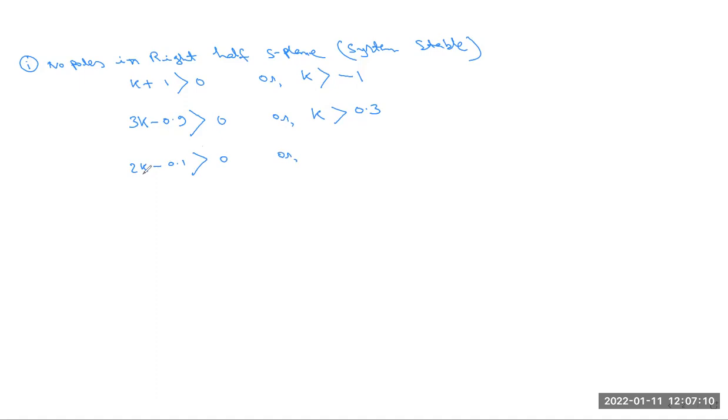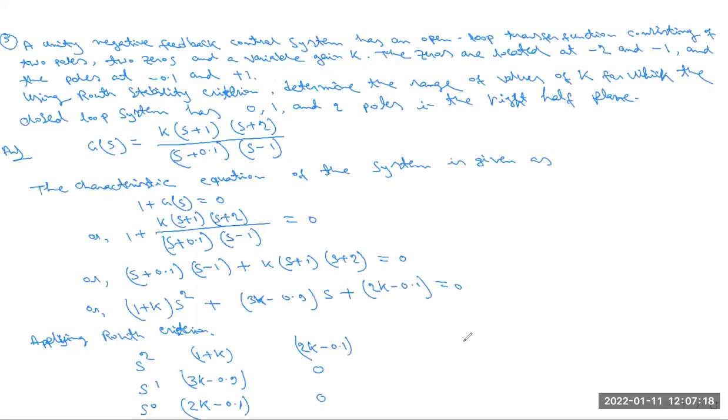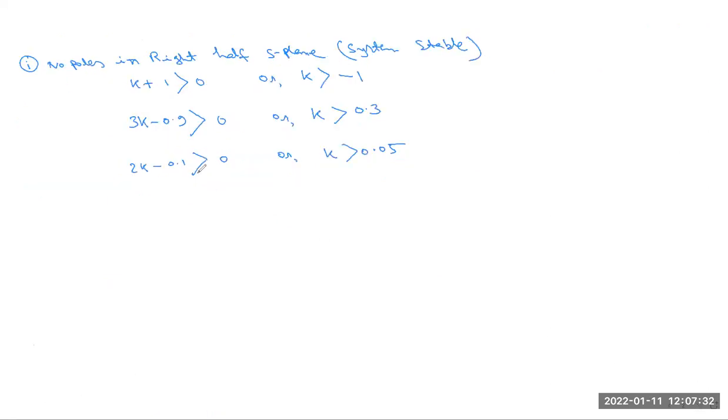So 2K equals 0.1, which gives K greater than 0.05. Comparing the first column values, 1 plus K, 3K minus 0.9, and 2K minus 0.1, the combined condition is K greater than 0.3 in the positive region.